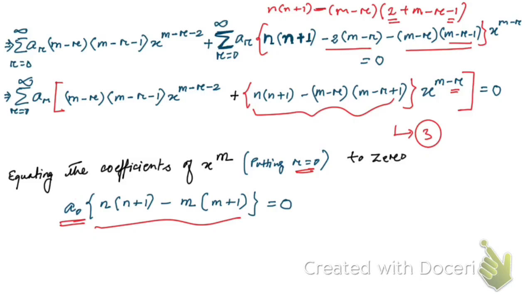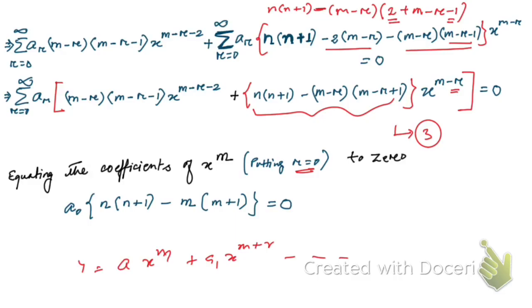Now we consider that the first term of the series is the term containing A0. Suppose we have a series, y equals A0 x to the power m or n, whatever it is, plus A1 x to the power m plus or minus something, whatever it is.